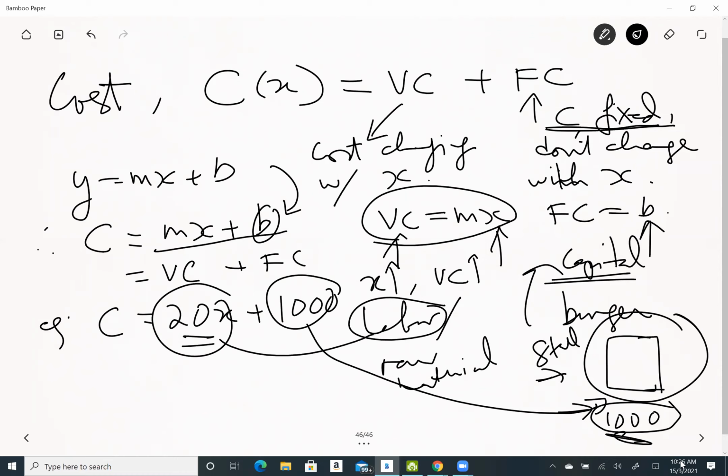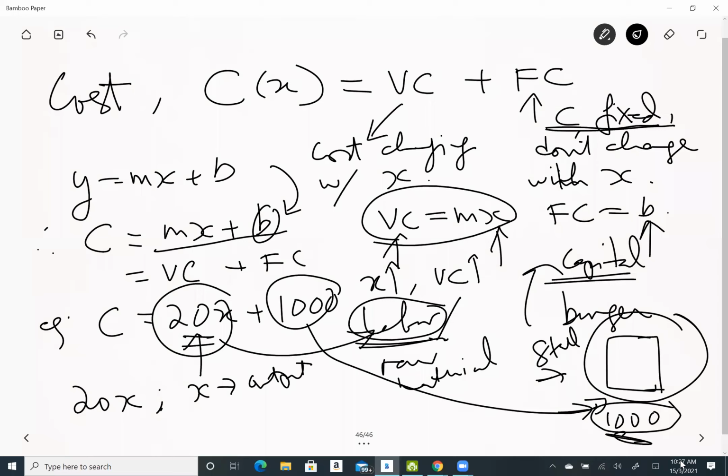Now, what is that 20? We are going to look at that 20. What does it mean? If 20x is the cost of labor, then x is the output.